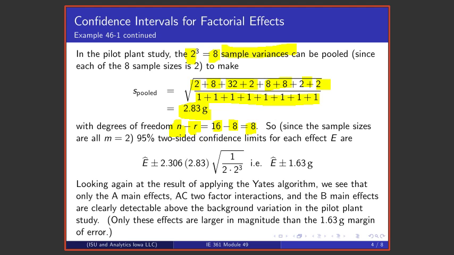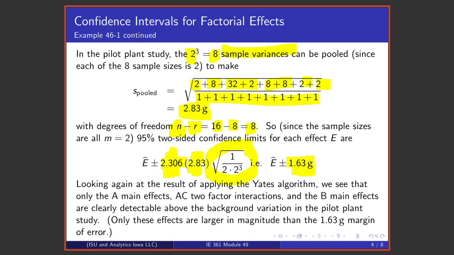That means that using a t-value that is the upper 97.5% point of the t-distribution with 8 degrees of freedom, which turns out to be 2.306, times this pooled S times, in this case, the square root of 1 over 2, the basic sample size, times 2 cubed, we end up with a margin of error of 1.63 grams to attach to every fitted effect.